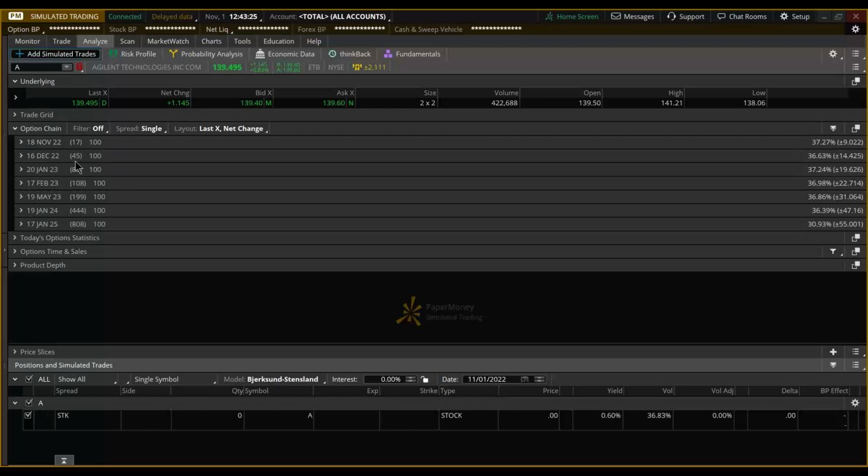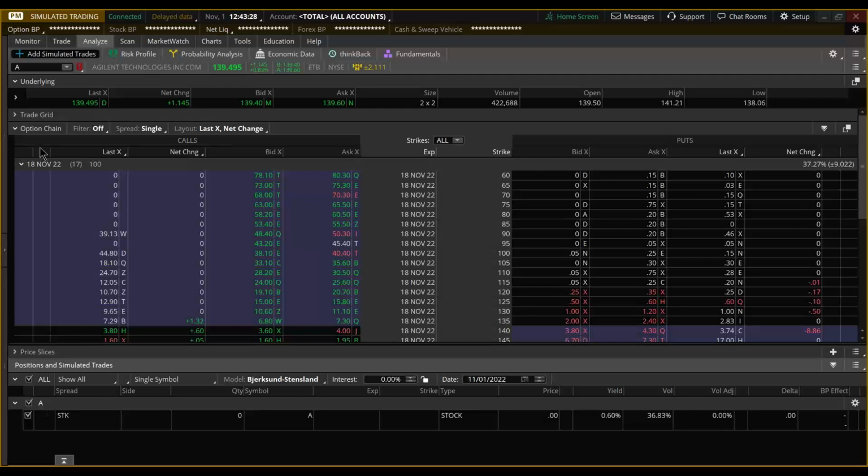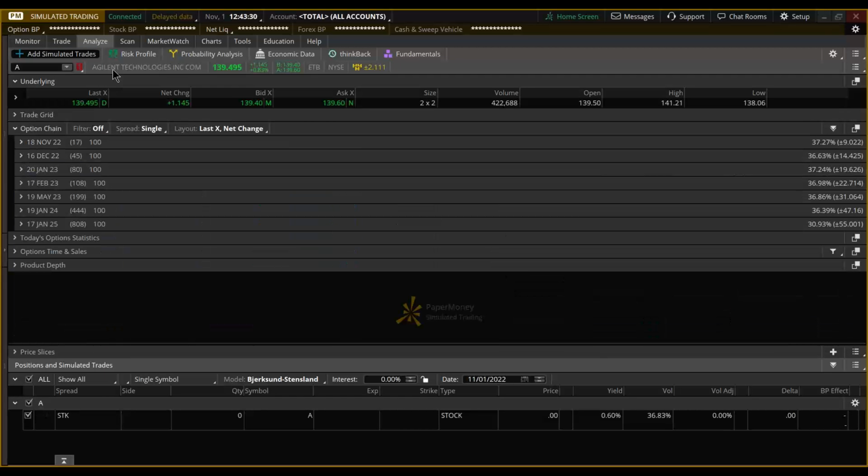If we were going to do this trade, where's my weeklies here? I'm only seeing... I went to my simulated trading, and I'm not used to using this one. How do I get all options here to list? Let's see, options chain, filter off.